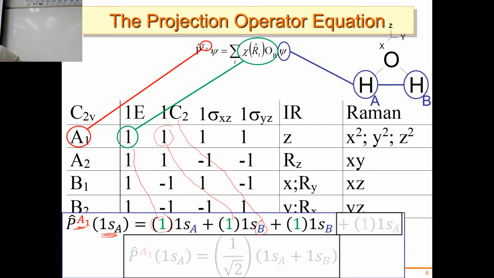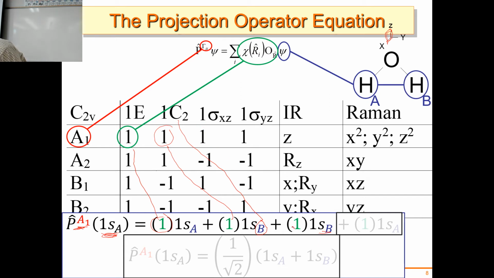We do a reflection in the XZ plane. You see the XZ plane here? And that moves the left side of the molecule into the right side, and the right side into the left side. So if we do a sigma XZ, the 1s on atom A goes over to B. And so we end up with 1sB. And the character in front is a +1.